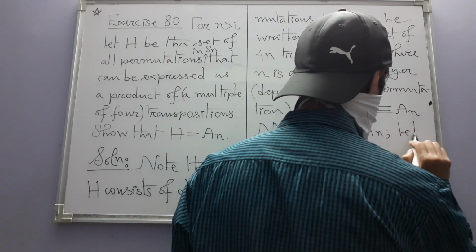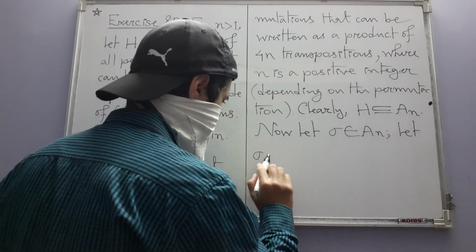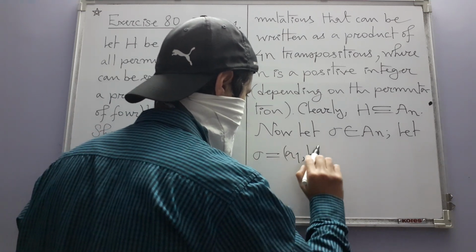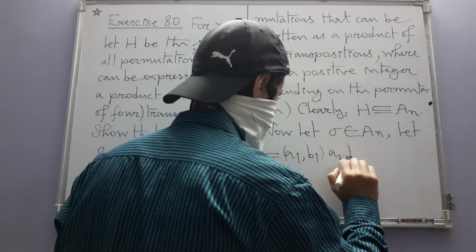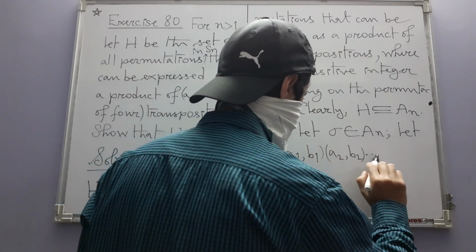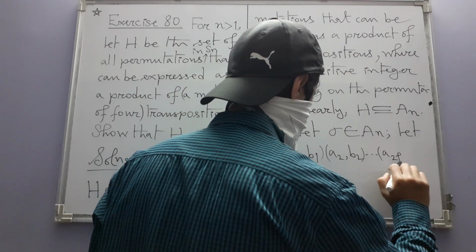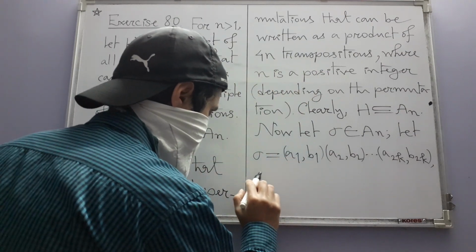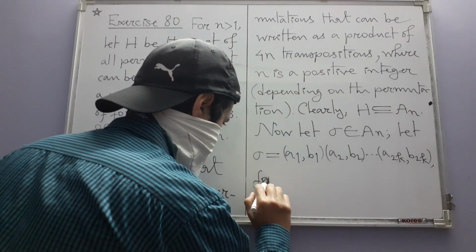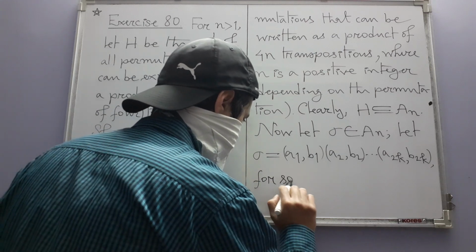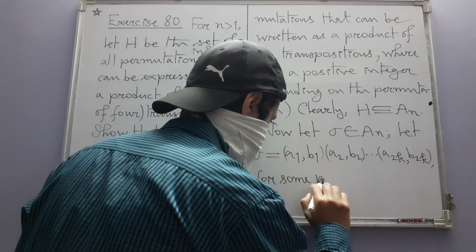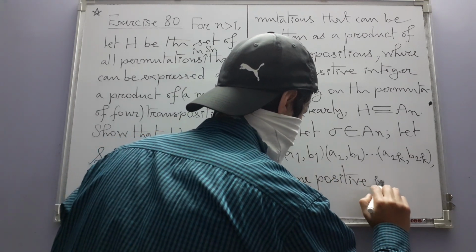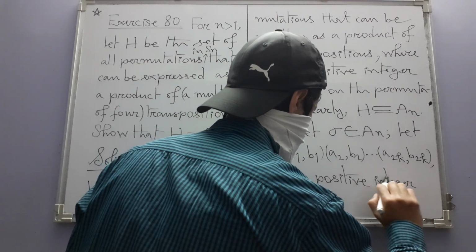So we can further have this, let sigma be this product, a1 b1 up to ak bk, for some positive integer k.